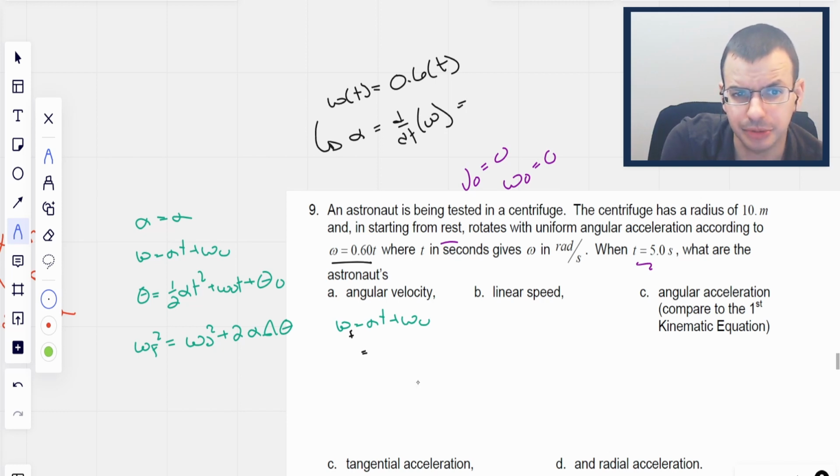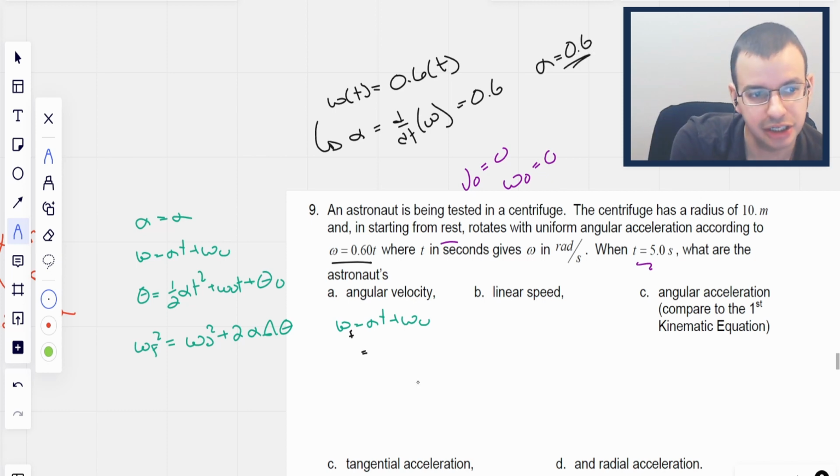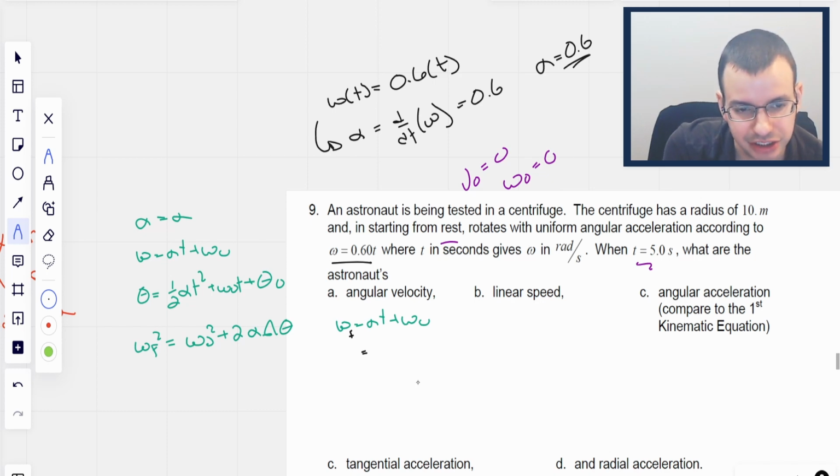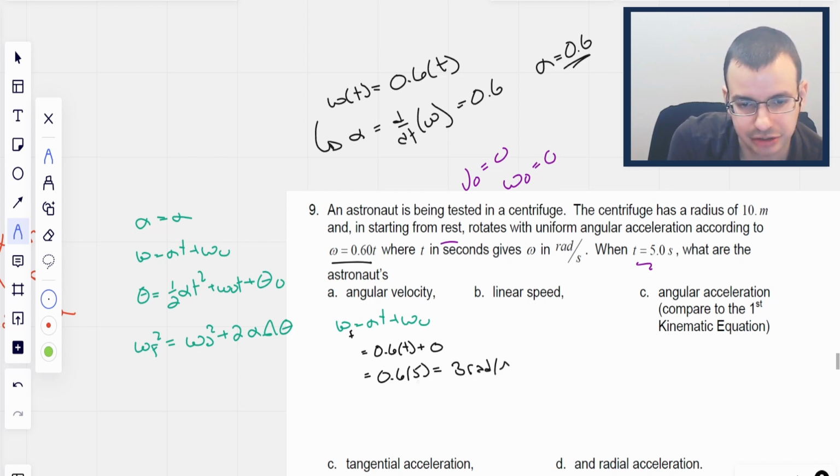The derivative of 0.6t is just going to be 0.6. So alpha is 0.6. Since it is constant, the kinematic equations apply, and we could just say omega final is 0.6 times t plus omega initial, which we know is 0. So this is going to be 0.6 times 5, which is 3 radians per second.